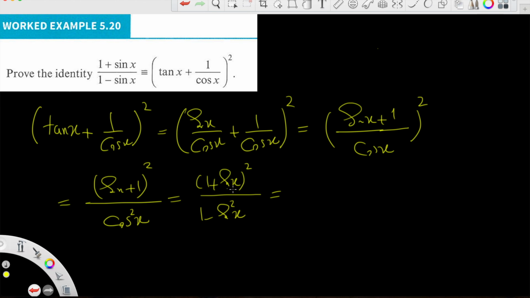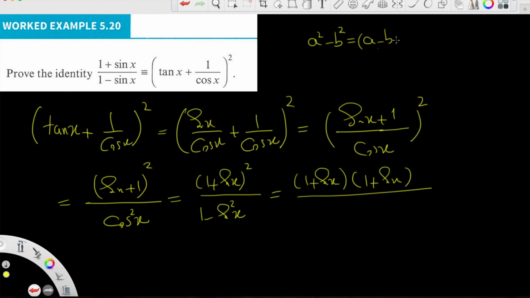Then I write it as a product of two brackets: 1 plus sine of x times 1 plus sine of x over. Now instead of 1 minus sine squared, you can use the identity a squared minus b squared is a minus b times a plus b. So it is 1 minus sine of x times 1 plus sine of x.